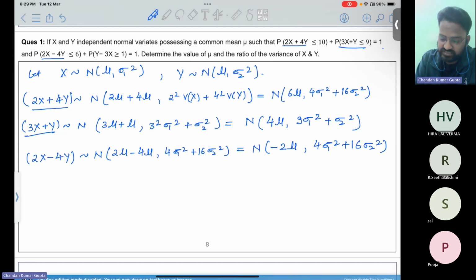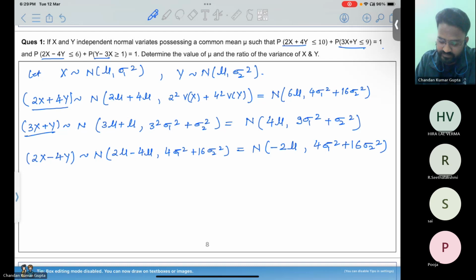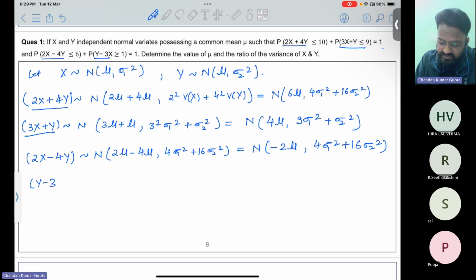And at last, it is y minus 3x. It follows a normal distribution with mean of y, mu, minus 3 times mean of x, mu. And the variance is the variance of y, that is sigma 2 square, plus 3 square times the variance of x, like 9 sigma 1 square.